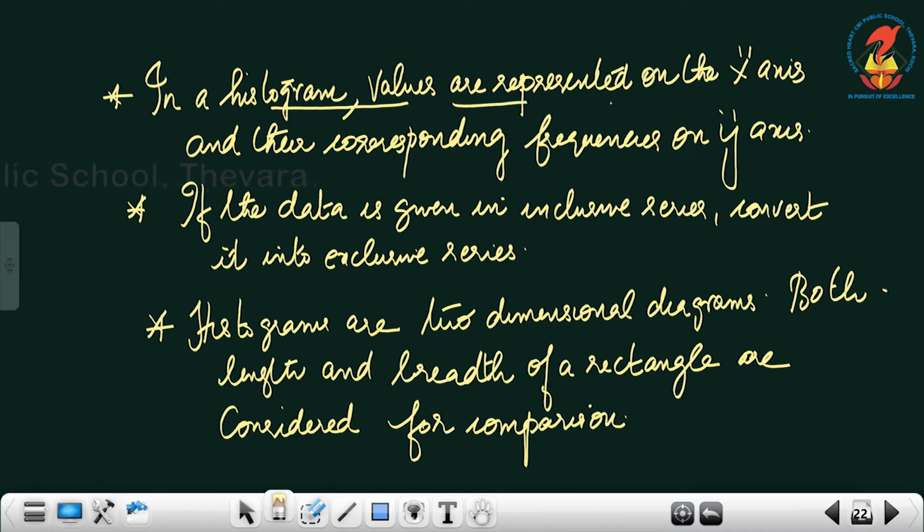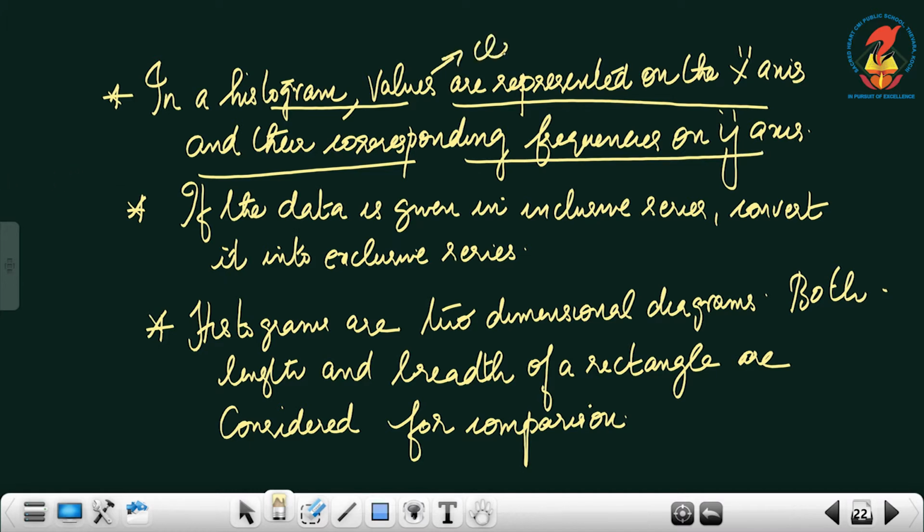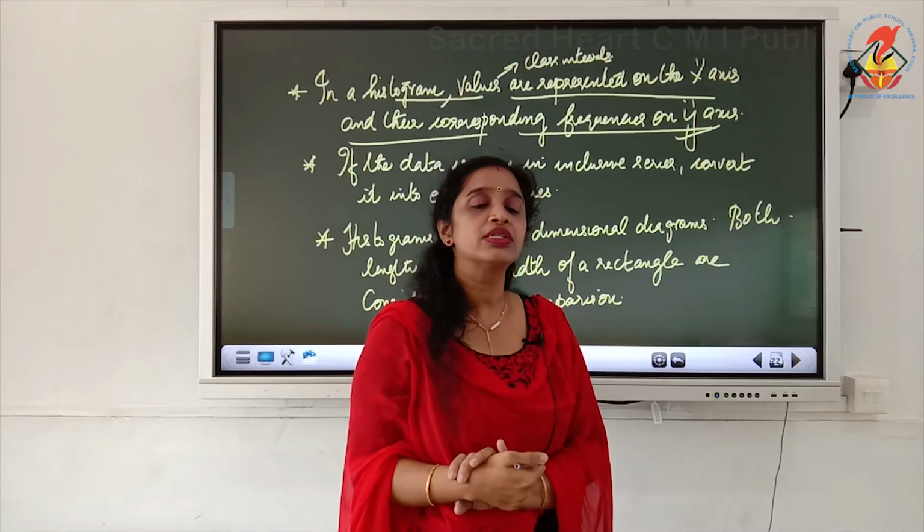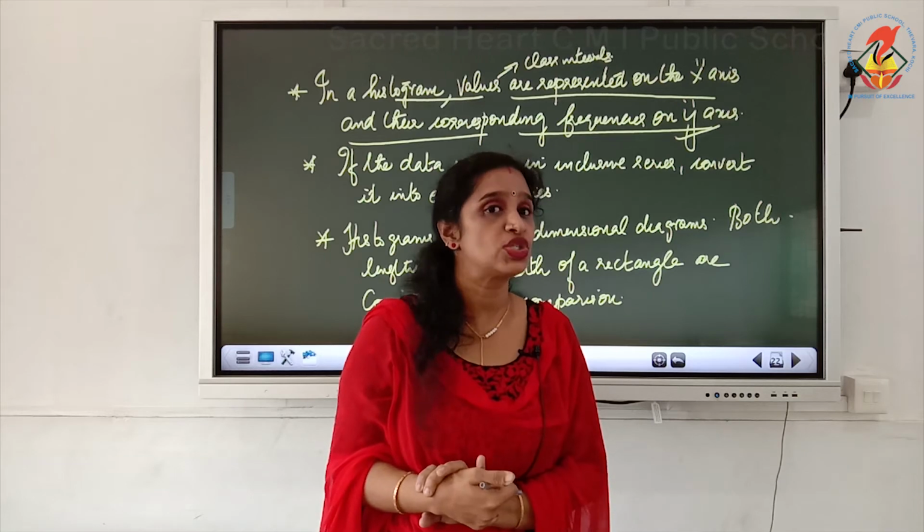In a histogram, the values are represented on the x-axis and their corresponding frequencies on the y-axis, which means the class intervals are marked on the x-axis and their corresponding frequencies are represented on the y-axis, because in the definition itself it is already clear what a histogram is.